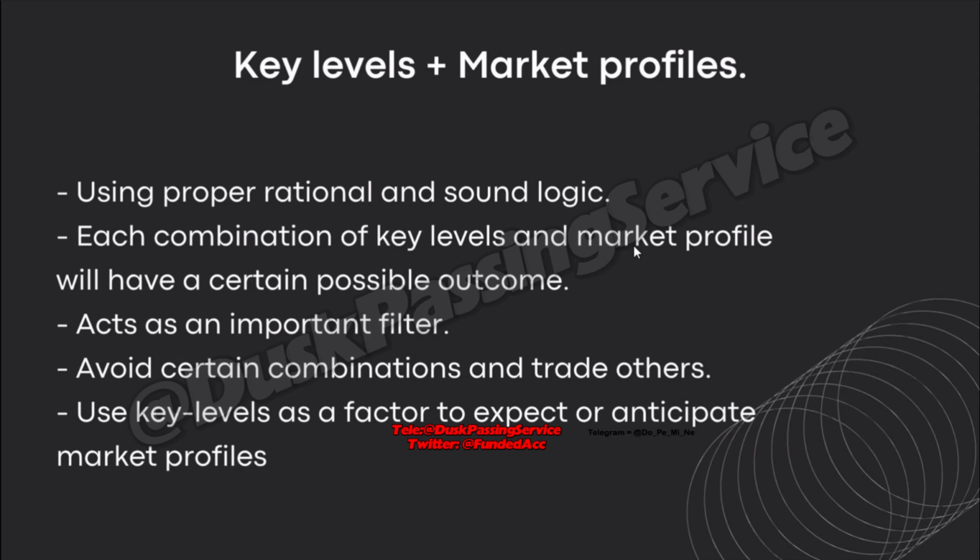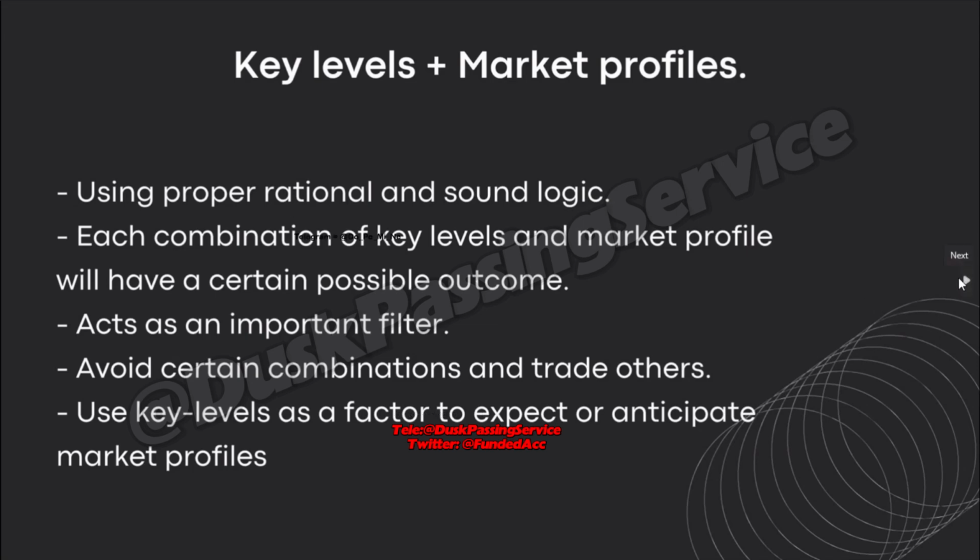And that's where market profiling and key levels come in, right? That's where you would need a filter that could make you avoid lower probability conditions. If you didn't have a filter, then all you'd be doing is trading every sort of market condition, and that wouldn't be profitable for you or work out for you. So most of the time you wait and then you execute only in high probability conditions.